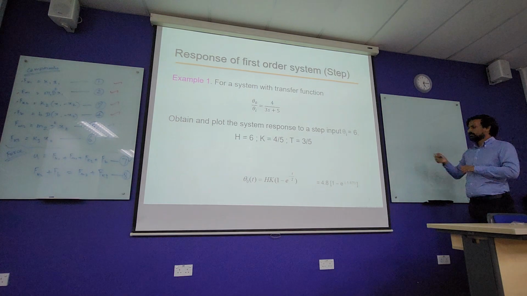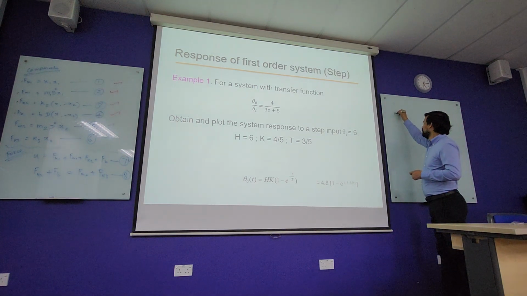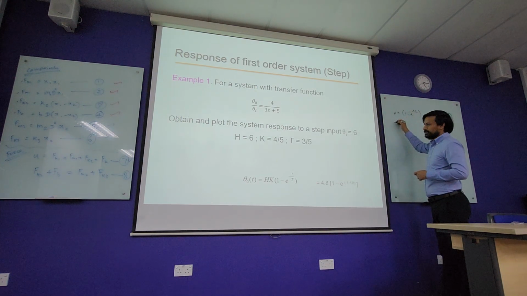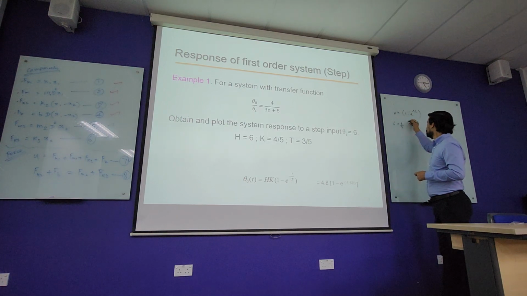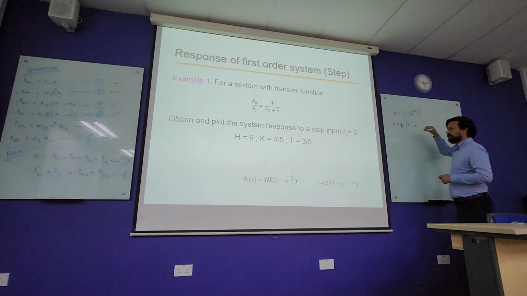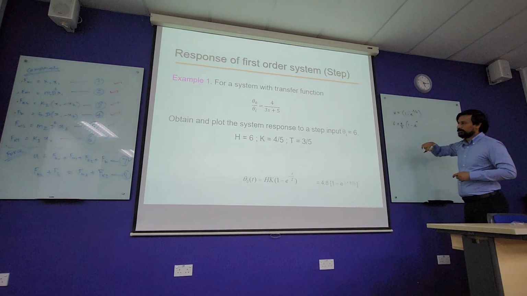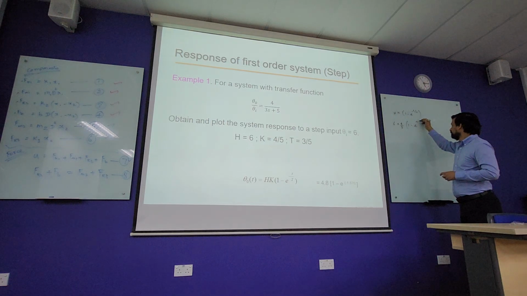Okay, so over here, H times 1 minus exponential of minus T divided by tau. H is 6, multiplied by 4 by 5, times 1 minus exponential of minus T, which is 5 by 3 probably.